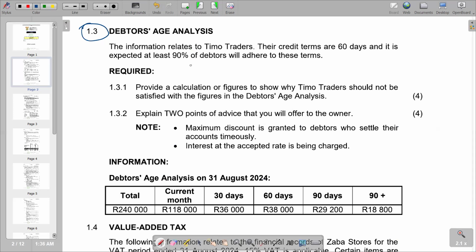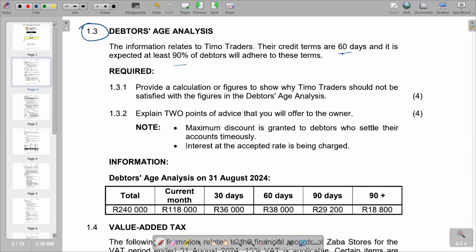So at least 90%. And also we take note that the credit term is 60 days. So it means the debtors have to pay in 60 or fewer days after they have purchased our goods, or after we have sold our goods to them.